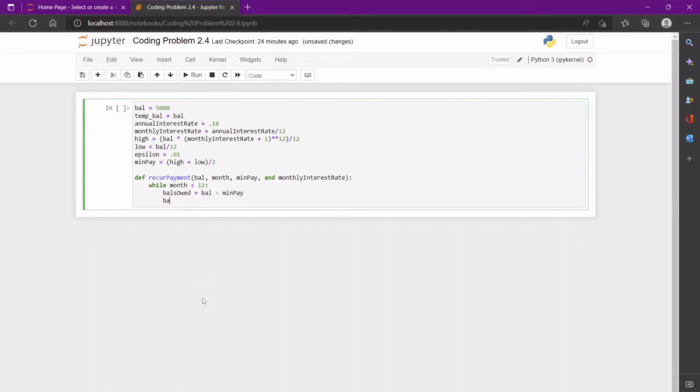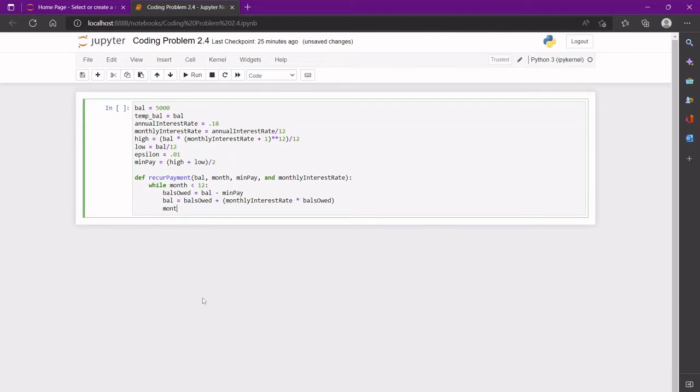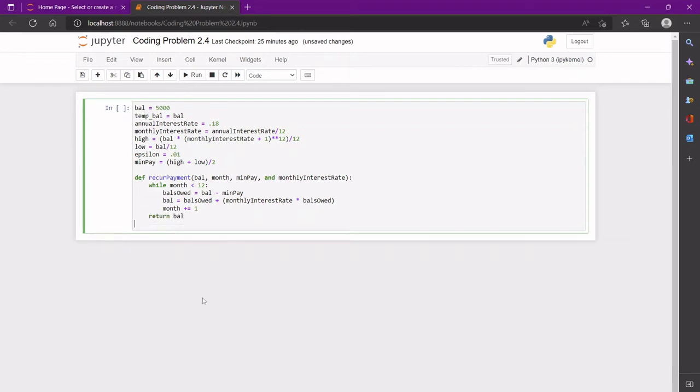And then here's where the recursion happens. Val equals balance owed plus monthly interest rate times balance owed. And then our month is going to increment by 1, and we're going to return the balance.